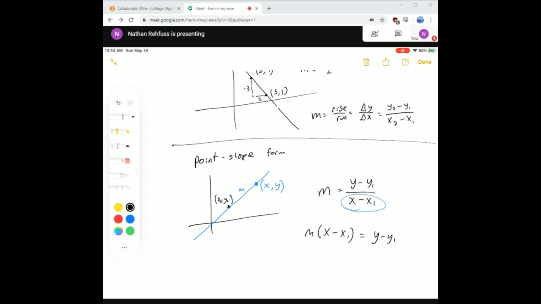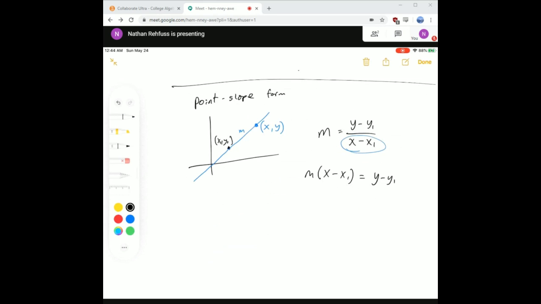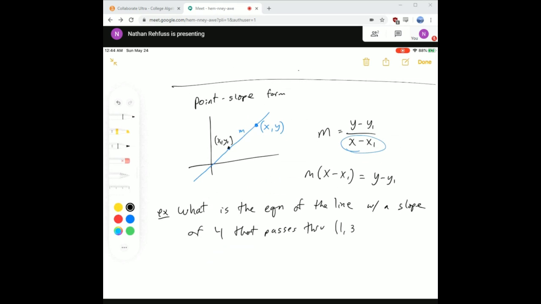All right, let's take a look at this in practice. In practice is probably a little easier. So if I say, what is the equation of the line with a slope of, how about 4, that passes through, how about the point 1, 3?